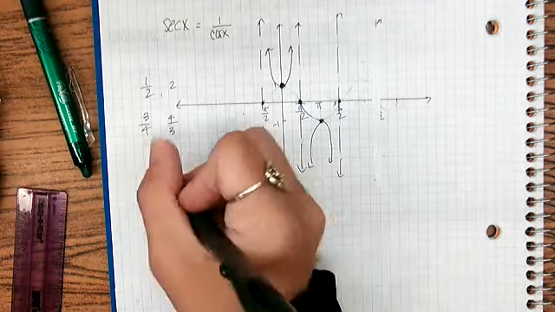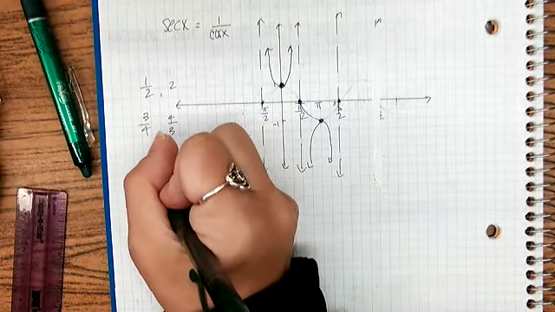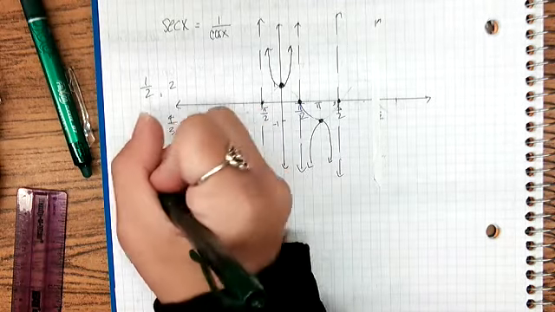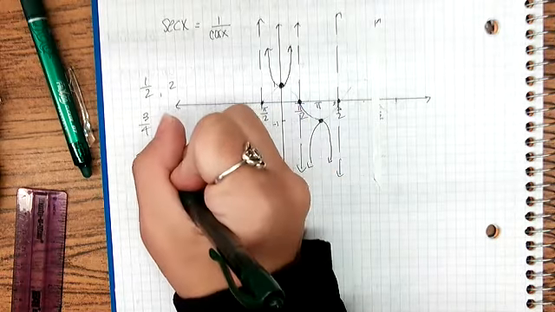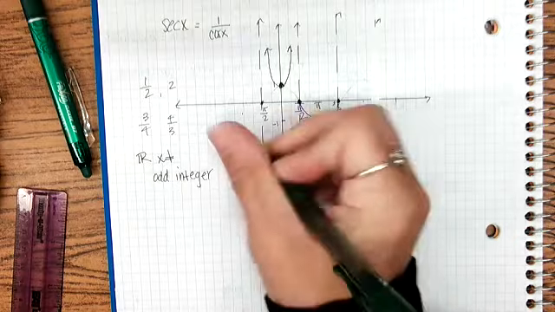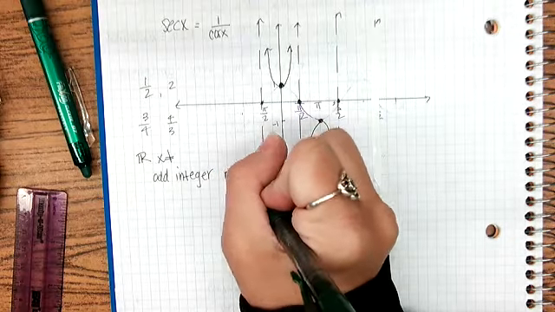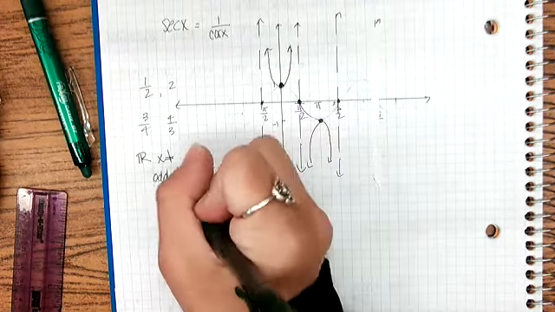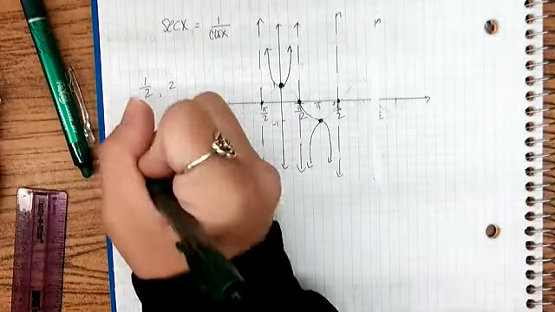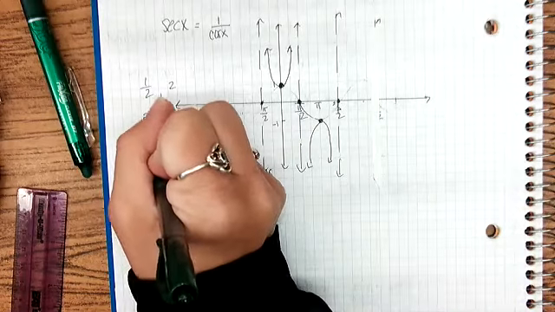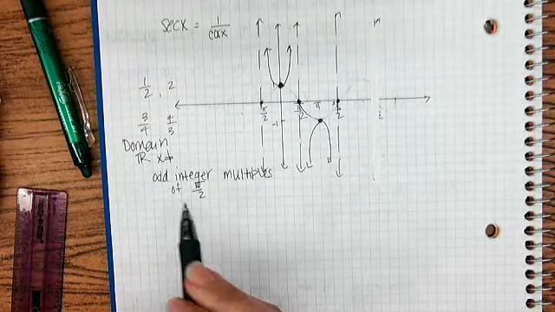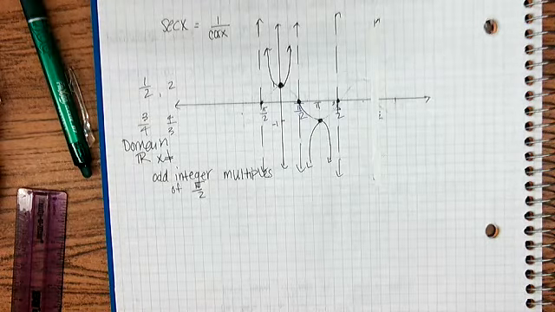The domain is all real numbers x, not including odd integer multiples of pi over 2. That's the domain: x, all real numbers, x not equal to odd integer multiples of pi over 2.